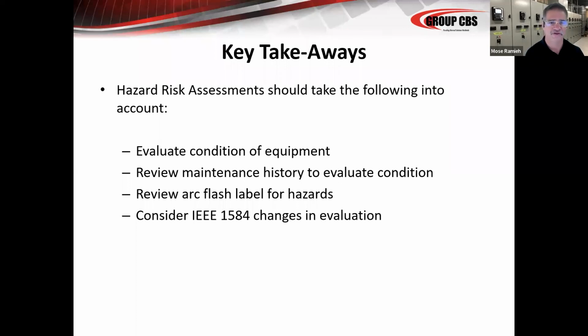Any major changes, the utility puts a new, larger transformer outside your building, that's going to necessitate a review of your arc flash study, because if they put a lower impedance transformer outside your facility, your arc flash study needs to be adapted to that. And then once again, all those changes that I mentioned at the beginning of the presentation in the 1584, in particular, the enclosure sizes is one I think is going to impact a lot of people.